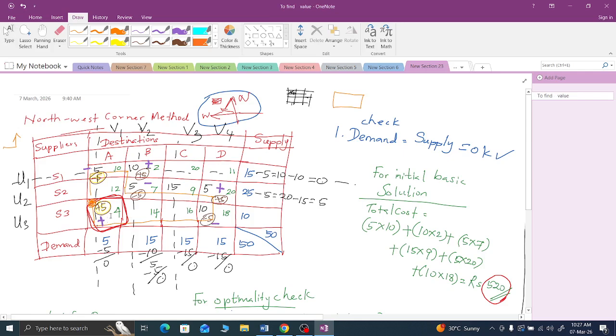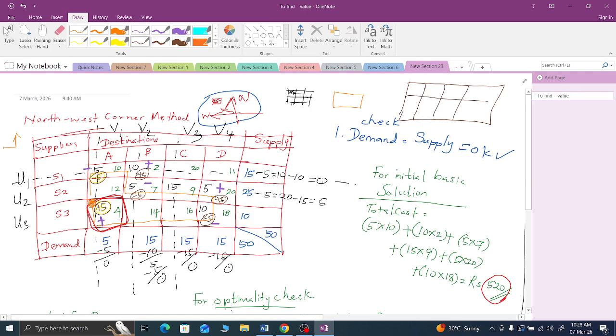So now I am correcting this one, and I am drawing this one here. Let's see here. How many cells are there? 4, right?